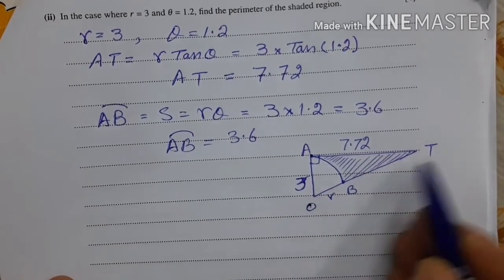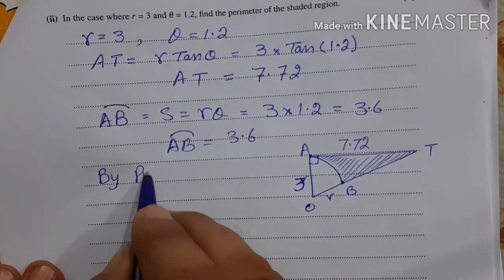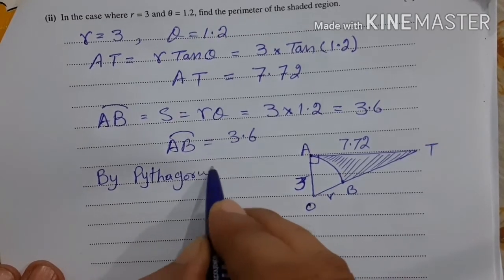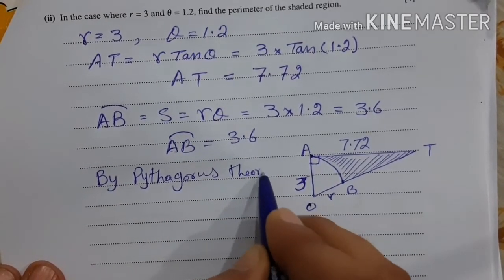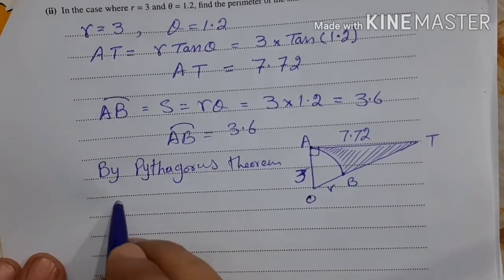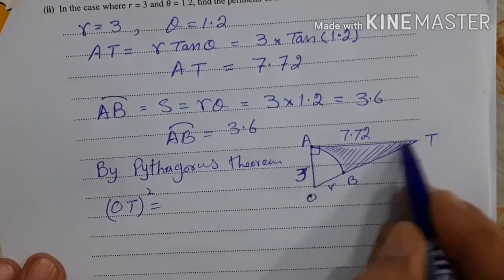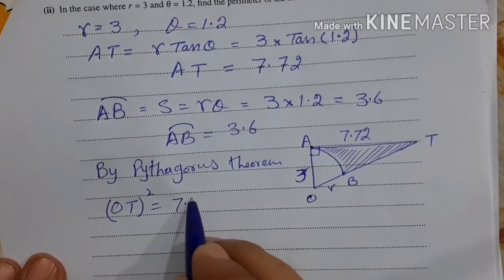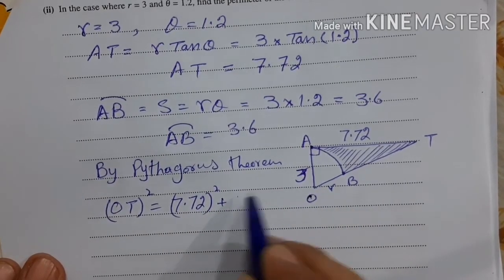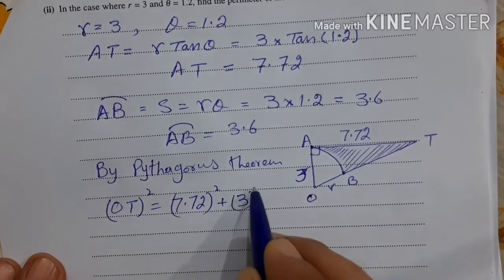So I can easily find OT by the Pythagoras theorem. By the Pythagoras theorem, hypotenuse square is equal to base square plus perpendicular square.